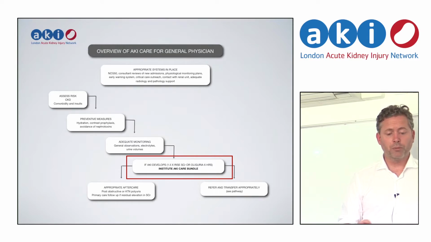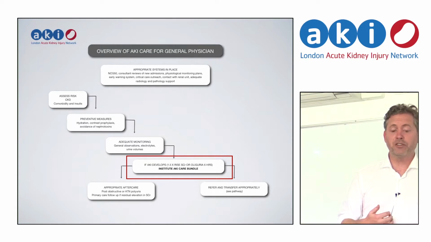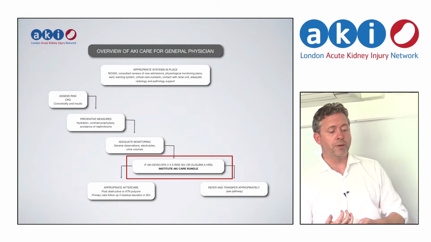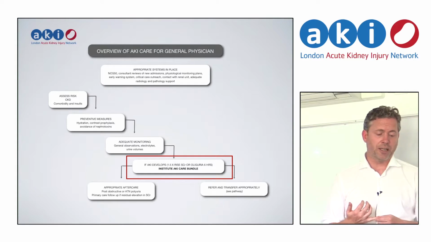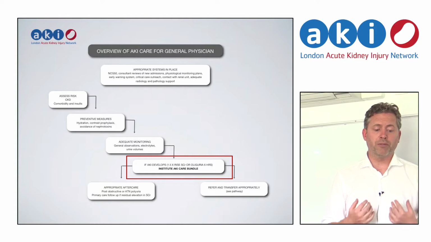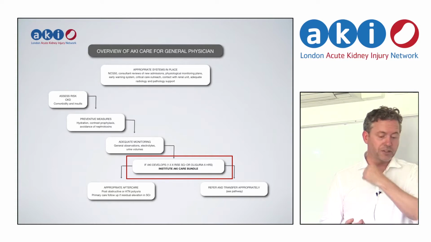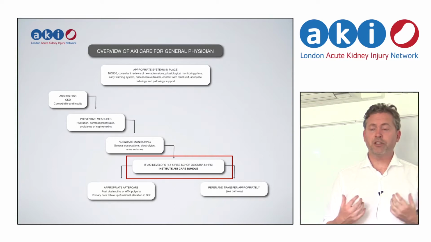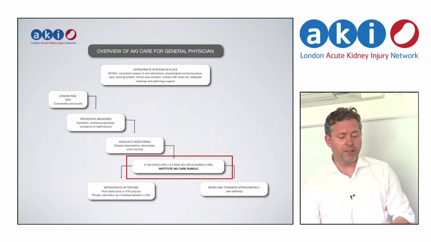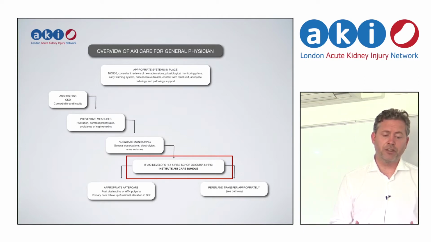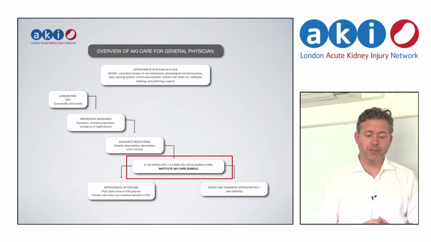But where possible, we'd like to assess patients who are identified as at risk, and those are patients with chronic kidney disease and other comorbidities, such as diabetes and vascular disease or heart failure, and where they know they're about to have a potentially nephrotoxic insult. In such patients, we'd like to, where possible, institute preventive measures: maintaining the circulation with good hydration and resuscitation, where radiological contrast is being used, contrast prophylaxis, and avoidance of nephrotoxins.